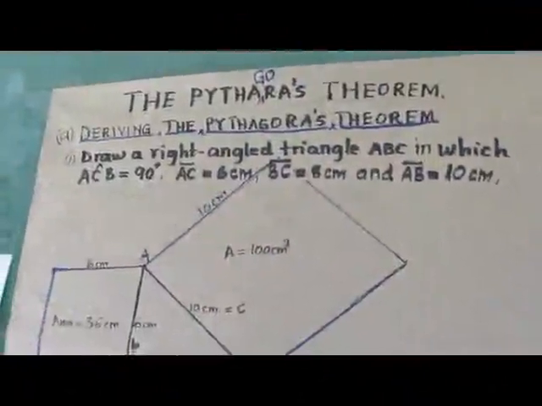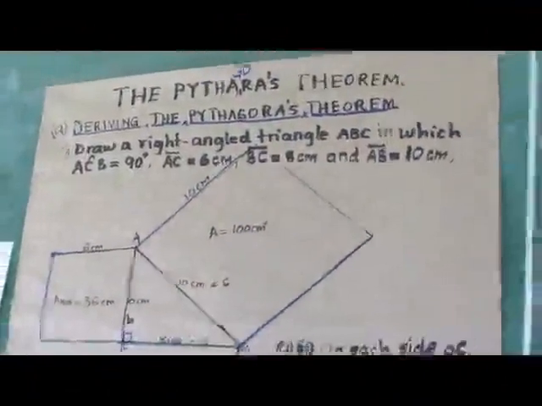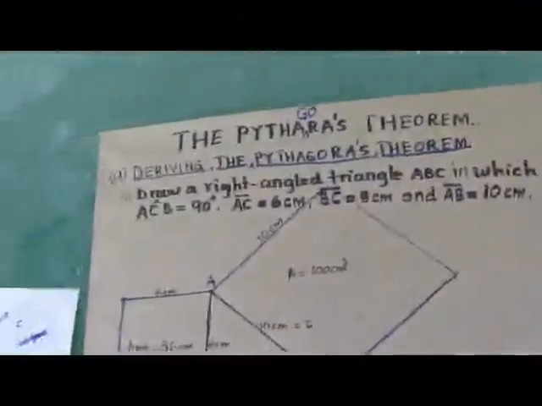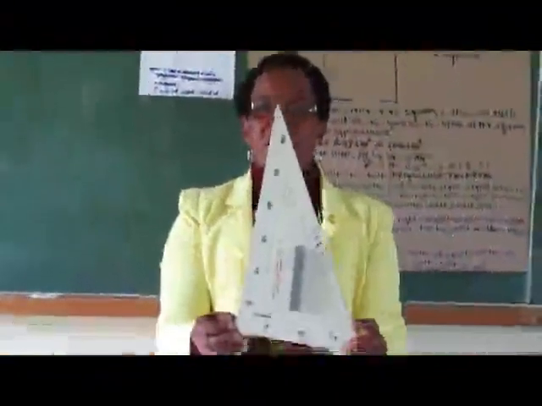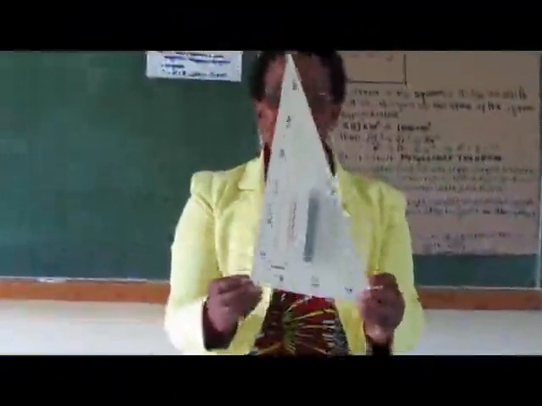So first, draw a right-angled triangle. Students, can you draw this right-angled triangle in your exercise book? Yes. This is a right-angled triangle from which we are going to derive the Pythagoras theorem.